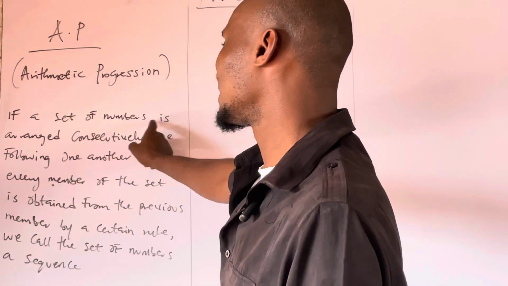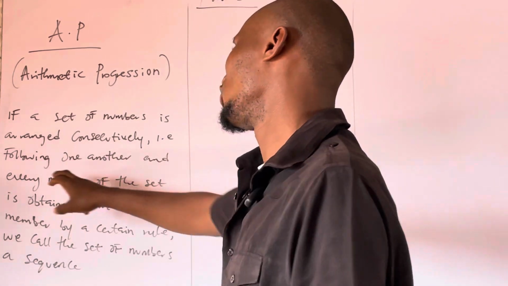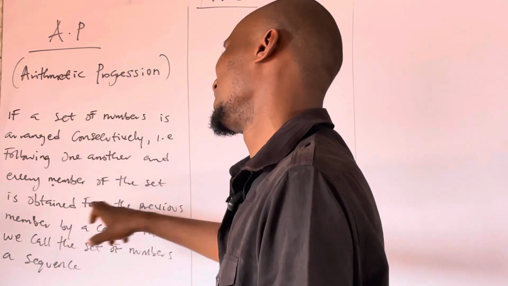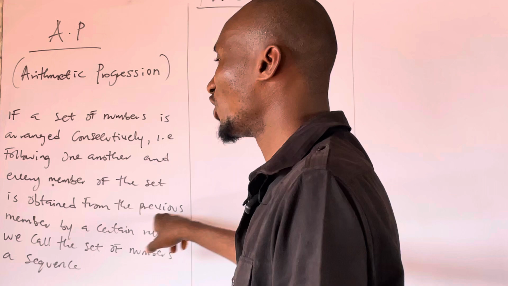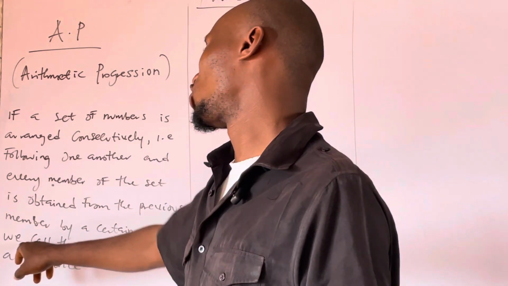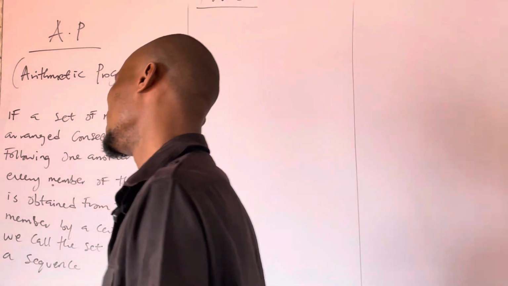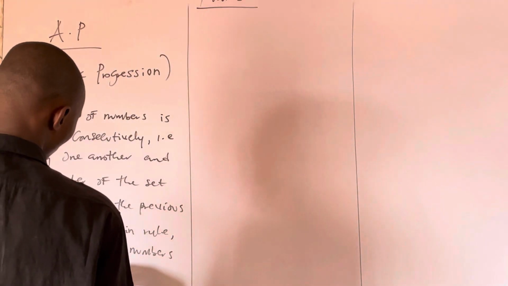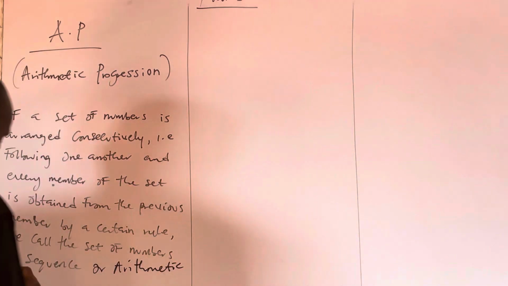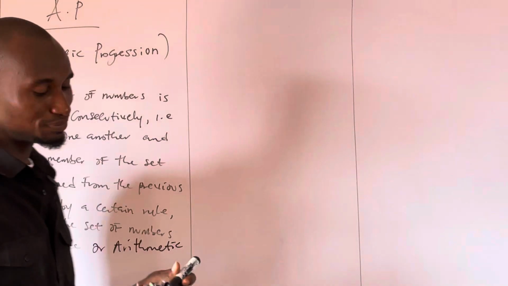If a set of numbers is arranged consecutively, that is, following one another, and every member of the set is obtained from the previous member by a certain rule, we call the set of numbers a sequence or arithmetic progression.